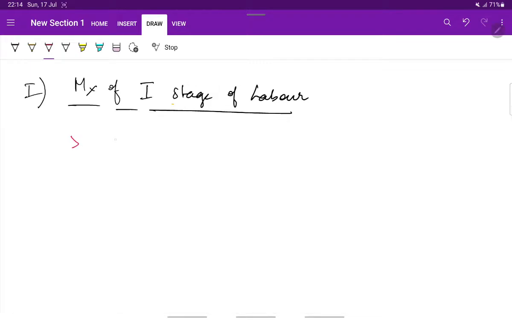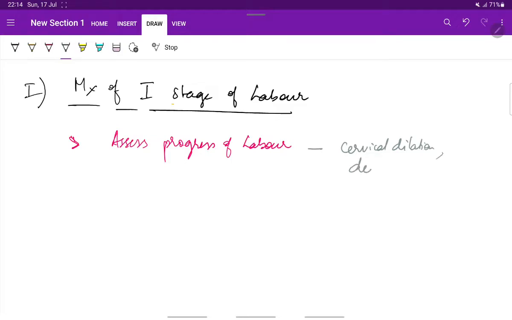So in this, first we should assess the progress of labor, and the two important parameters for the assessment of progress of labor are the cervical dilation and the descent of fetus.